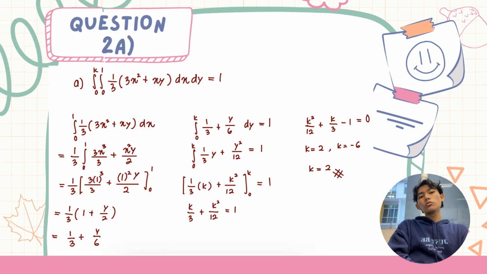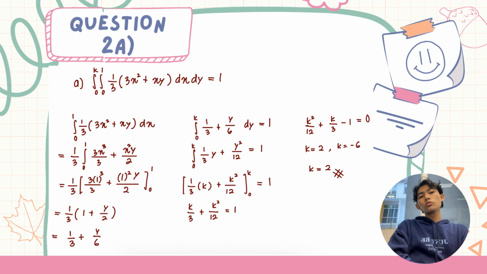Part A. To find the value of k, we use the basic property of a probability density function, which is that the total probability must equal 1. So, we integrate the joint density function over the given range of x and y. First, we integrate with respect to y while treating x as a constant. Integrating 3x squared with respect to y gives 3x squared times y, and integrating xy with respect to y gives x y squared over 2.